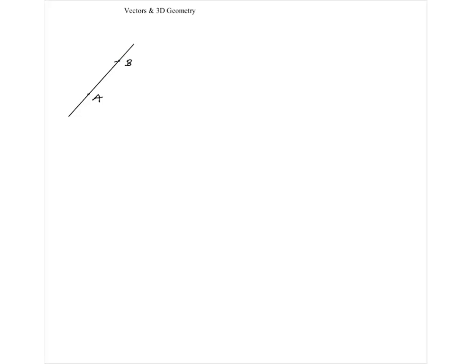Then this is called a vector and denoted in this manner. This, by the way, is also called a directed line segment. So a vector is a directed line segment.